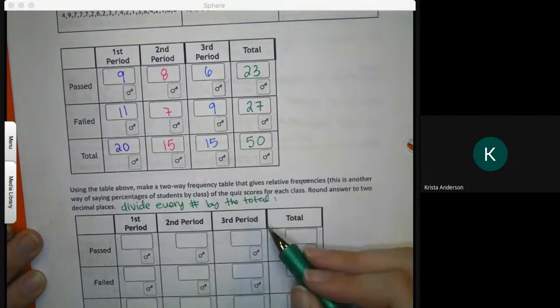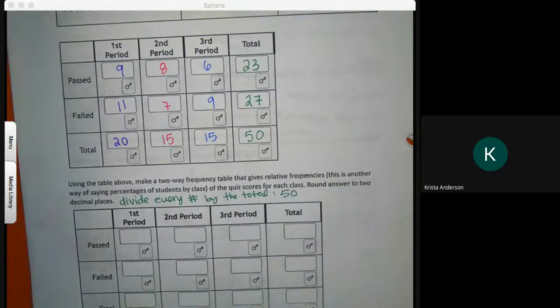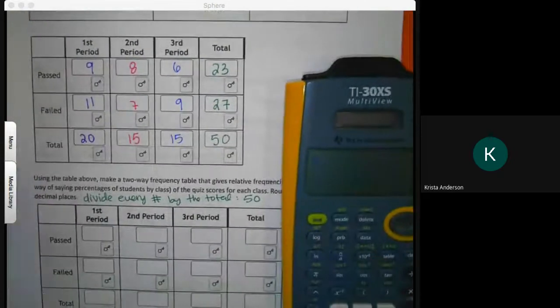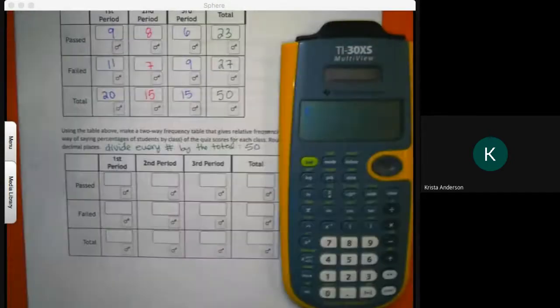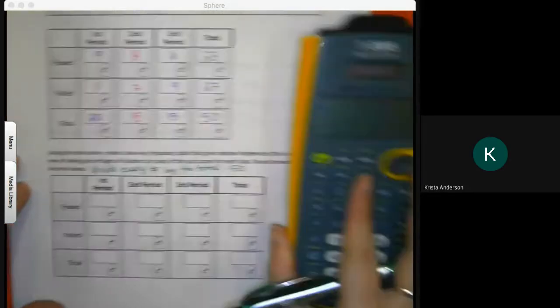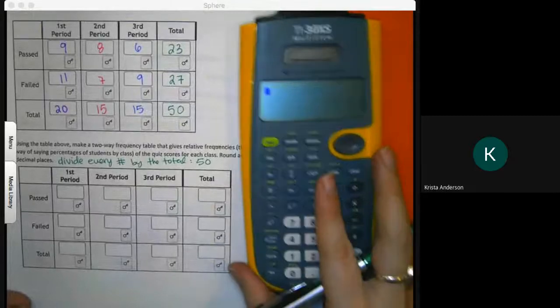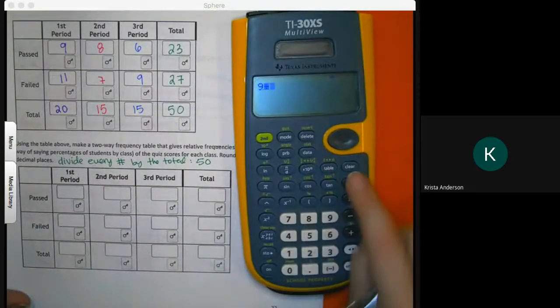So divide every number by the total, which in this case is 50. So I would type in 9 divided by 50.